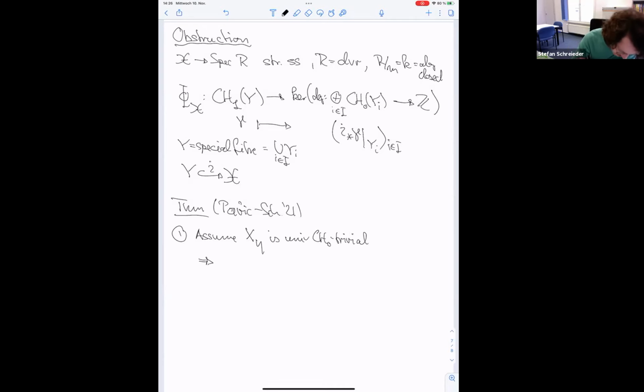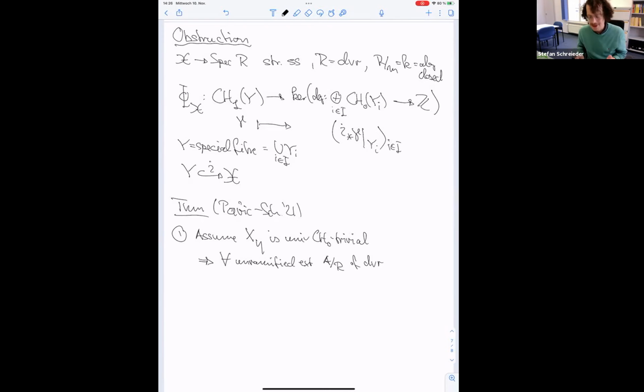Then for any unramified extension of discrete valuation rings.